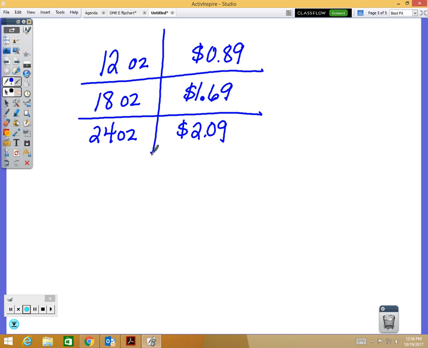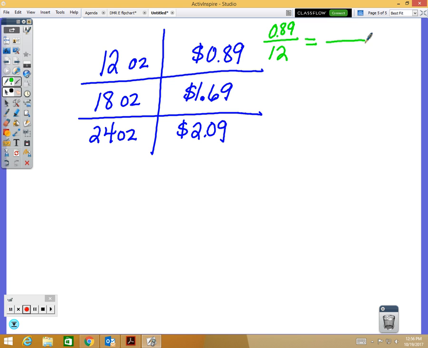All right, so anyway, back to this example. So we want to find out how much each of these sizes of lemonade is per ounce. So it's basically like finding 3 separate unit rates. So how would I find the unit rate? Anyone know for the very first one? All right, so good. You want to do the 0.89 divided by 12.